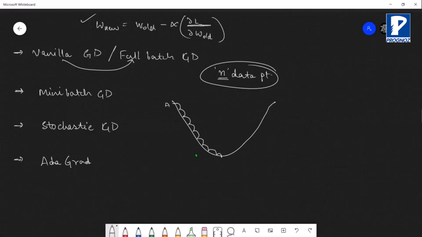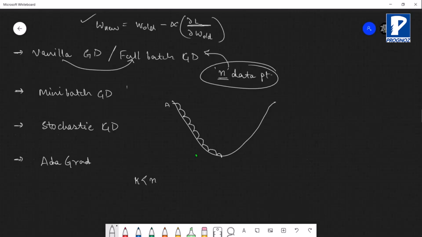But in case of mini batch, out of this n, you will be considering k points. Here you will not consider the entire n number of data points. You will consider k points, and always remember k is less than n. Suppose n is 100, then k will be something like 20 or 30. It will be a subset of your n. So when you are using the entire data set, it takes the shape of vanilla gradient descent.